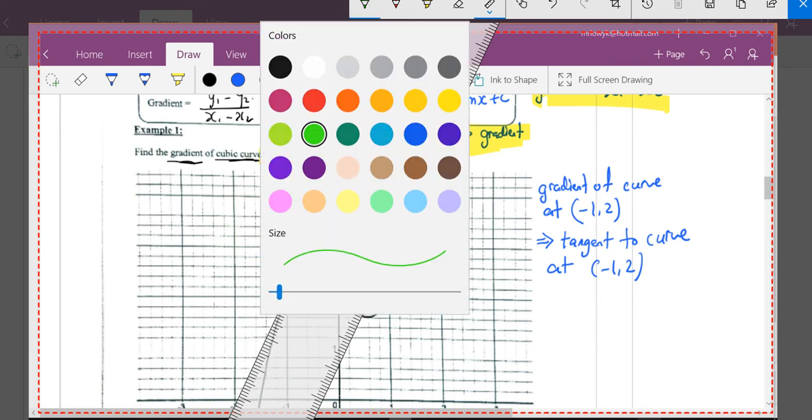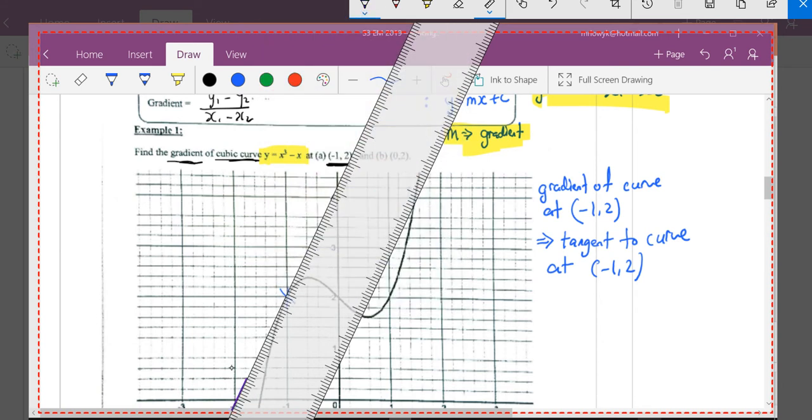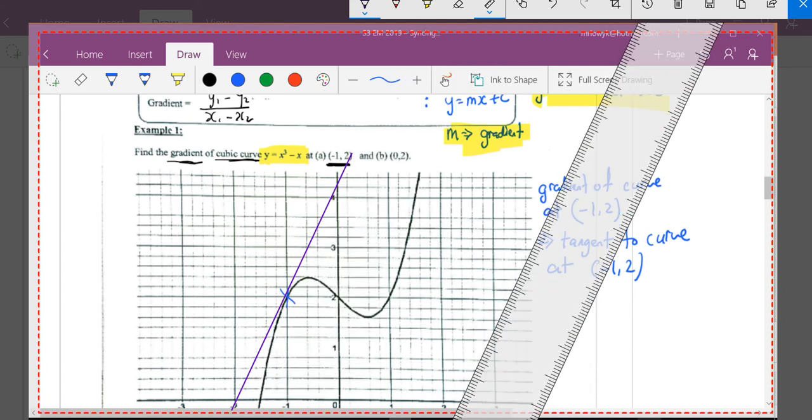Can I use another darker color? Do you agree this is my tangent now? Why no? Yeah, the top is also touched, but that is the top business. Tangent means on the area of focus, this line only cuts the point one time.